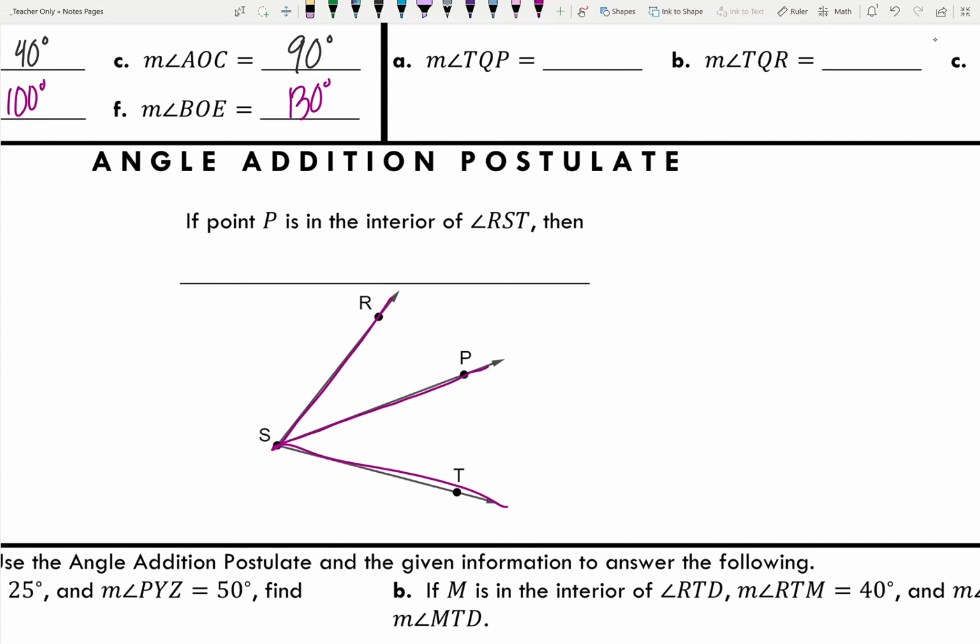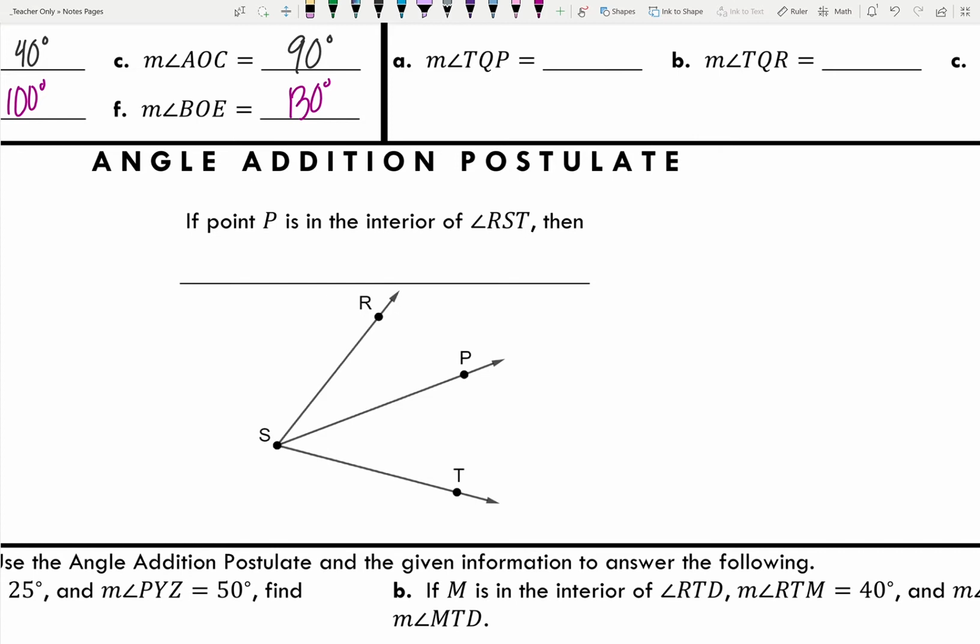Note that we have two angles, this angle and this angle. So the angle addition postulate basically says we can add up two angles to get a larger angle. So let's write that in terms of the measures, in terms of an equation.